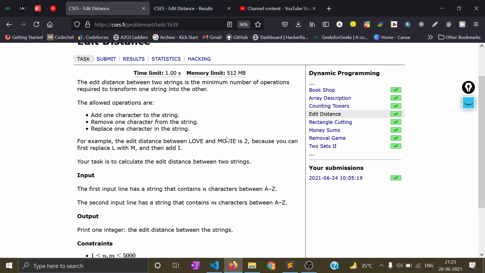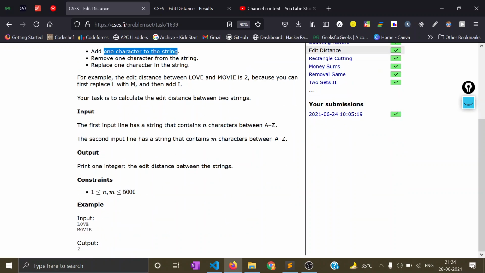For example, if you have love and movie, you can convert love to movie by replacing L with M and then adding I. We can add a character at any index. It is not necessary that it should be pushed at the end of the string. It can be added at any index.